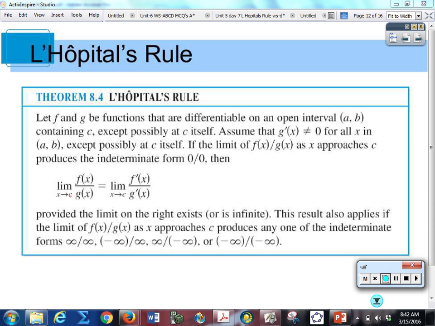So either 0 over 0 or infinity over infinity, or maybe negative infinity over infinity, anything with the infinities dividing by each other. Then you can use L'Hopital's rule, and now it's not the quotient rule, you just take the derivative of the top, you take the derivative of the bottom, and the limit is going to be the same.